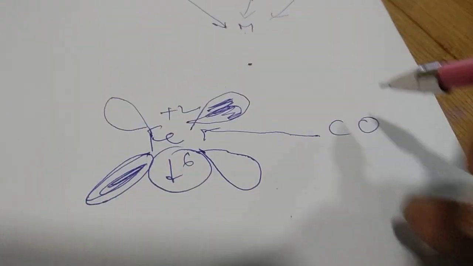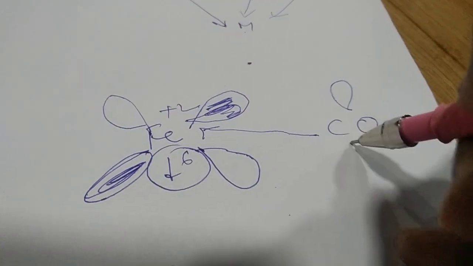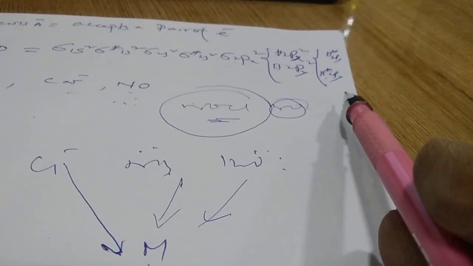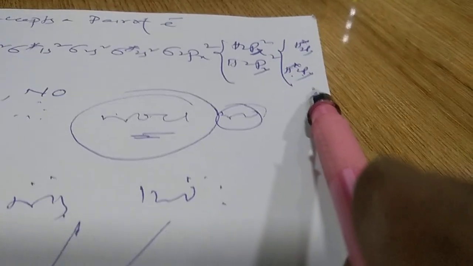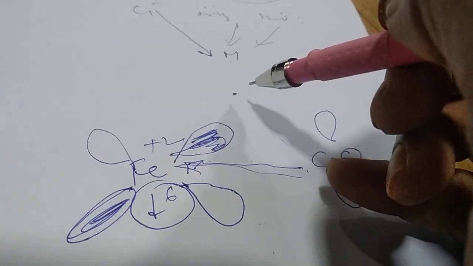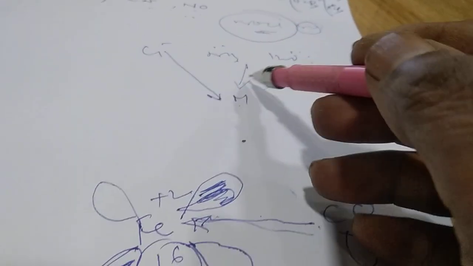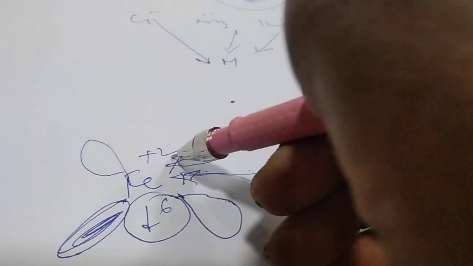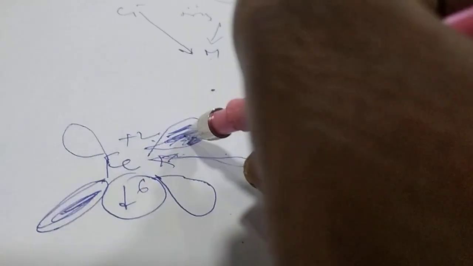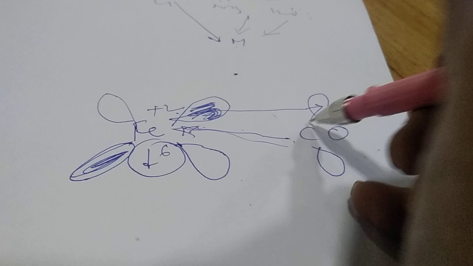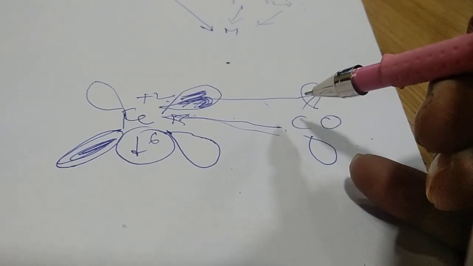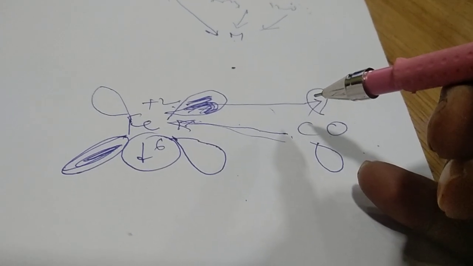Now, this carbon monoxide, you have seen that antibonding pi star level is vacant. That is the thing I have told just a few minutes back. This antibonding pi star level is vacant. So once this sigma donation is done, which is the normal tendency of a ligand, the filled d orbital back donates, resulting in the increase of bond order, which is not possible with a normal ligand.